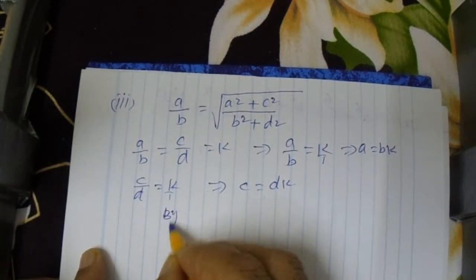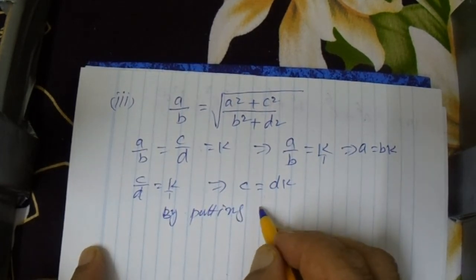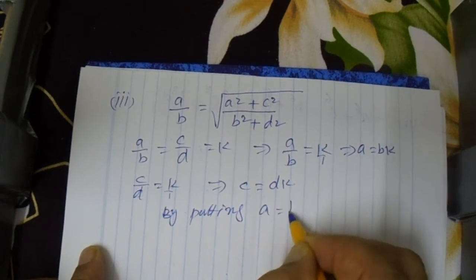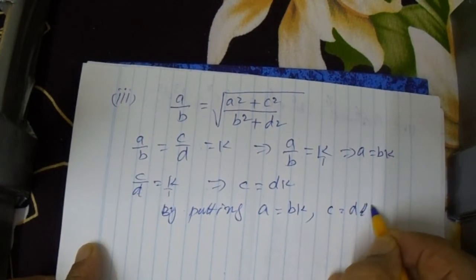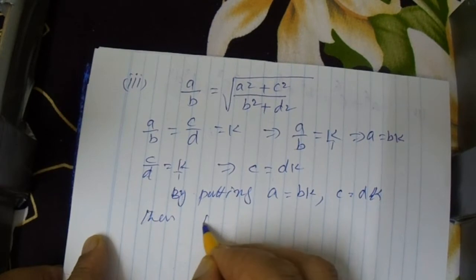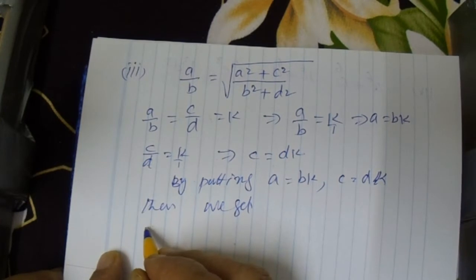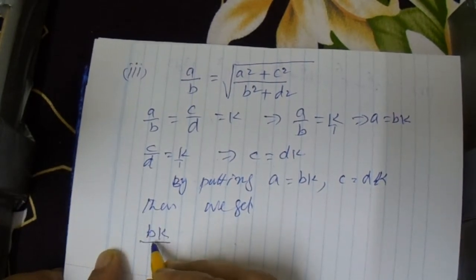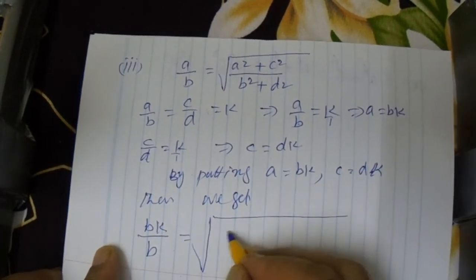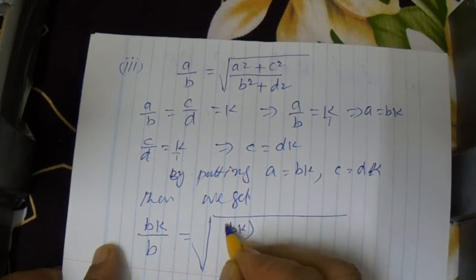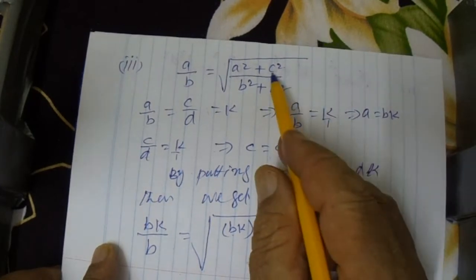By putting the value of a equal to bk and c equal to dk, then we get, now a is bk, or here in the denominator b, under root a here bk, and we square this plus dk, c is equal to dk.